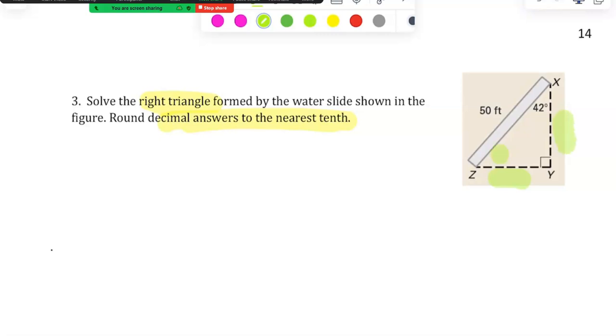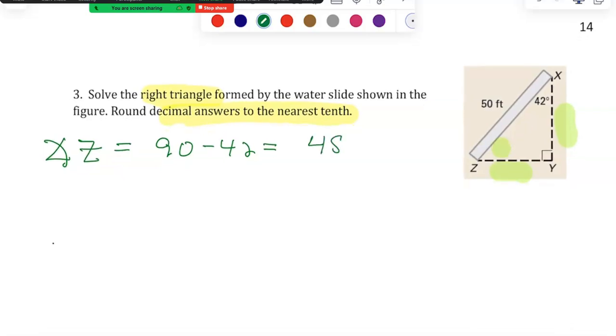Let's get the angle first. So angle Z is the complement to angle X. So take 90 minus 42, and you should get angle Z to be 48 degrees. Okay, so this is 48 degrees.